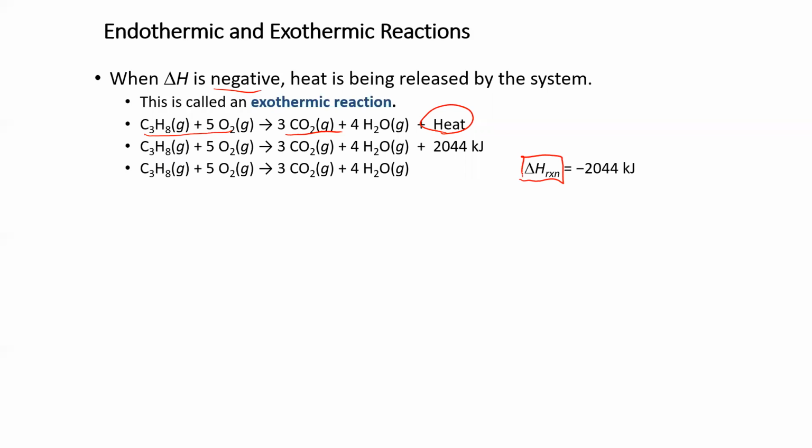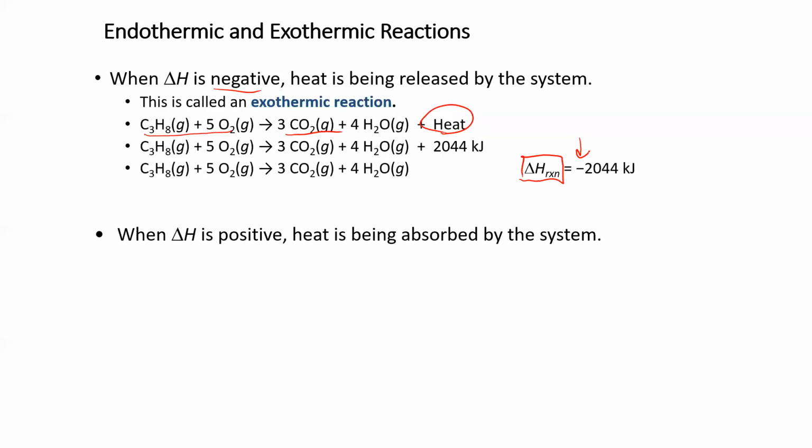Now, what you always have to pay attention to is if the sign is negative, it's telling you it's an exothermic process because the system is losing the heat. The heat is exiting, it's releasing it to the surroundings. So remember that the sign tells you.